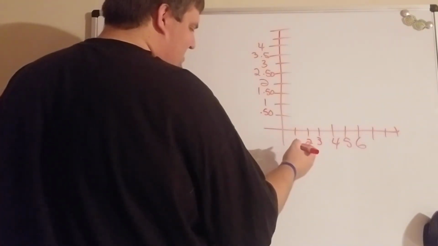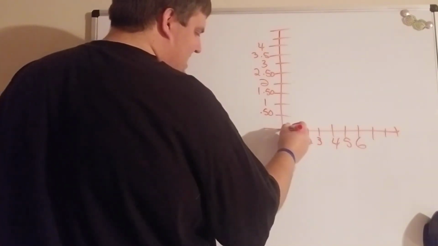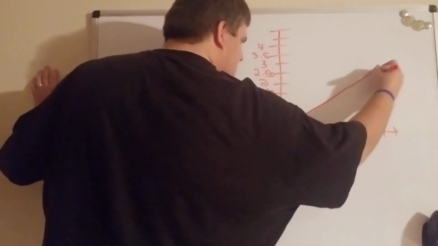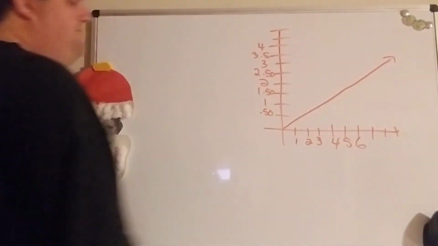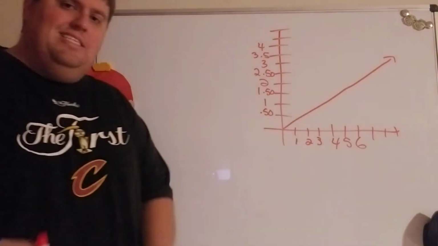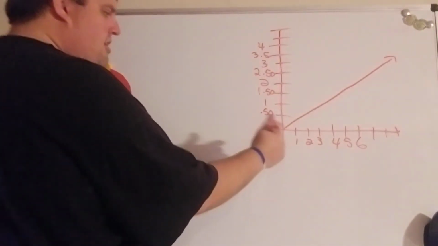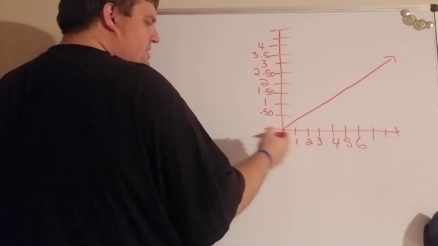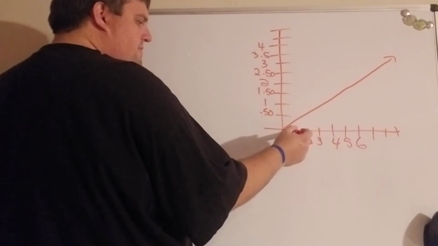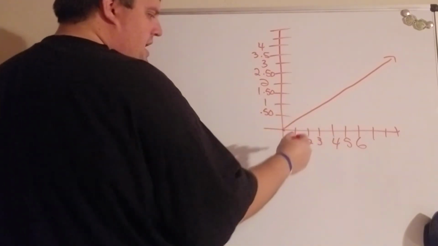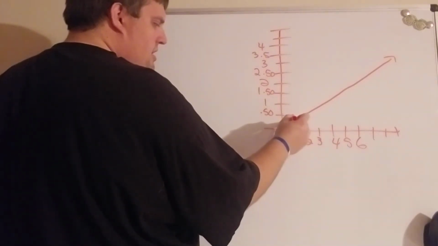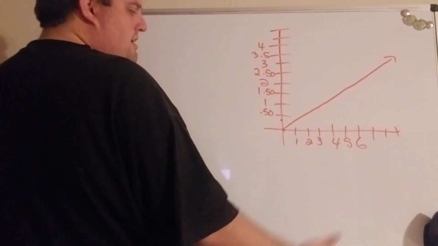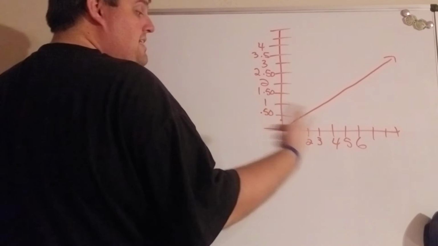And let's say it looks something like that. Okay. Well, if I buy 0 sodas, we know that that's going to cost me $0. And then I can kind of follow this thing, and it will tell me for each one how much I'm going to pay. So for 1 soda here, I'm going to pay right about there. So maybe that's like, I don't know, 40 cents per soda.